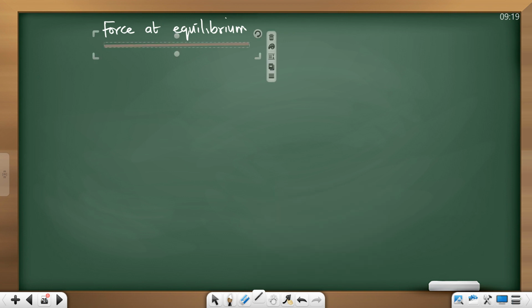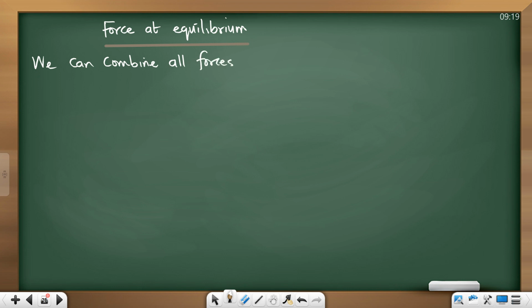Forces at equilibrium. All right. We can combine all forces to form a triangle of forces. And that's what we've been doing anyway.